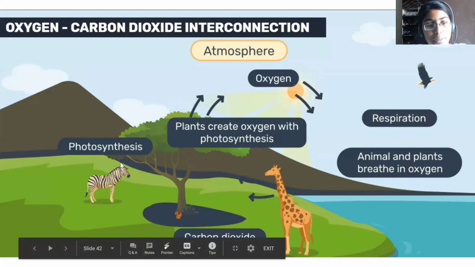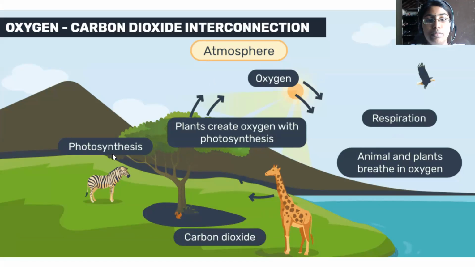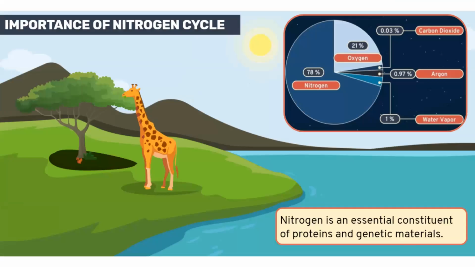But the plants again carry out photosynthesis and give out oxygen. So this is a very small interrelationship. You need not draw this because you already know how they interact. Am I right, Atulyan? Yes, ma'am. Yes, super.